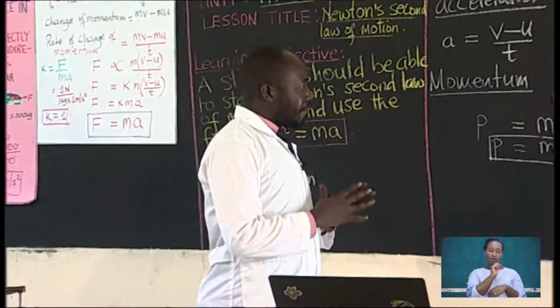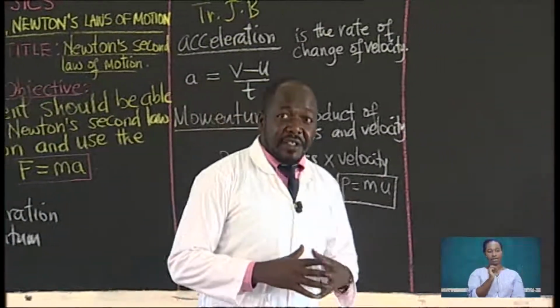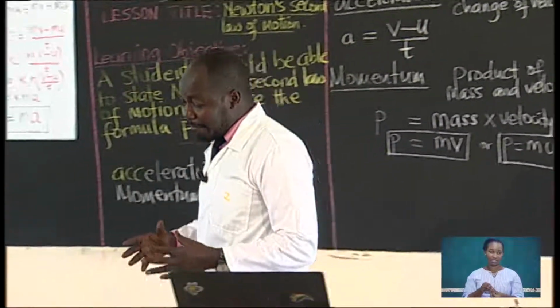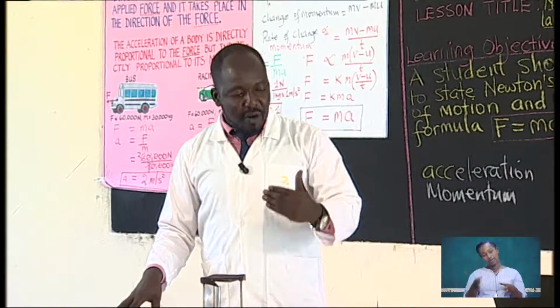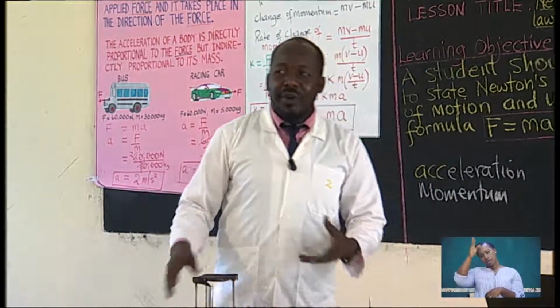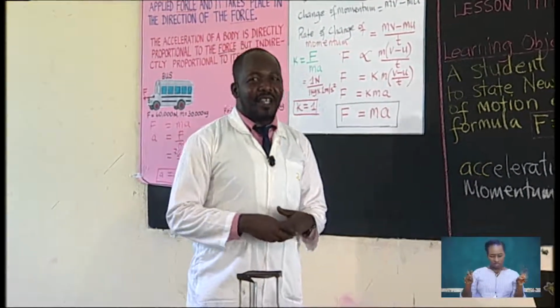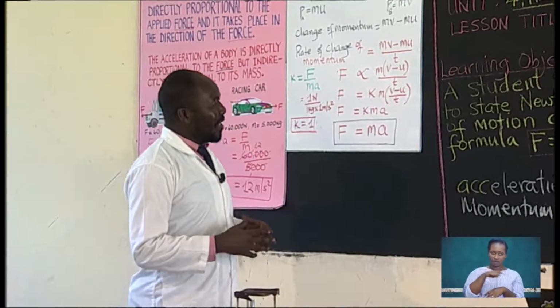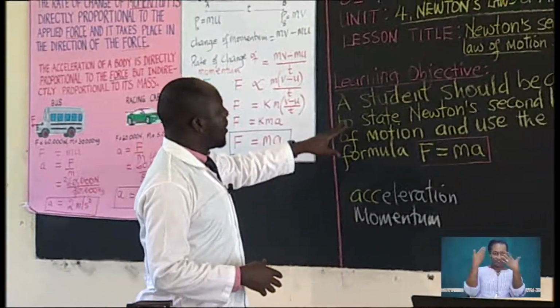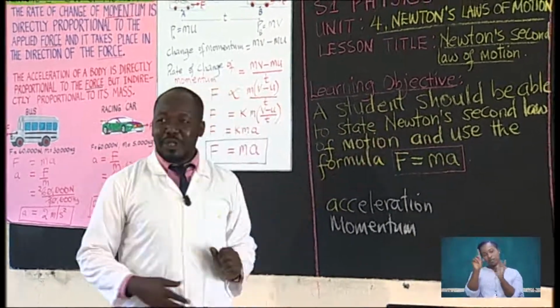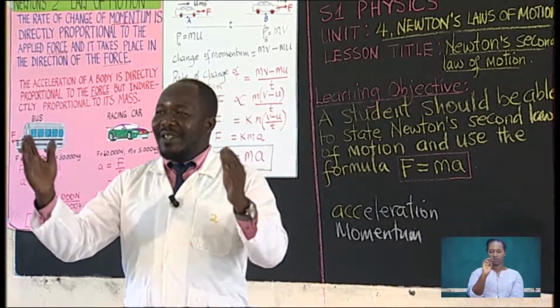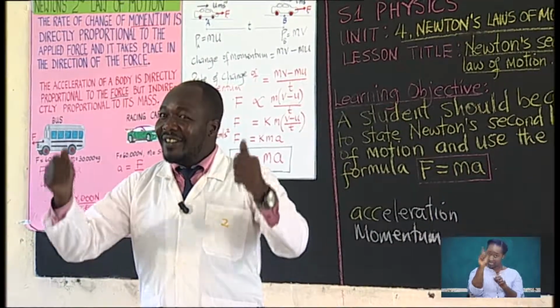Very good. So as we summarize, we should remember the main concepts of our lesson today. And also check yourself and see that we have met our learning objective. Our learning objective was you should be able to state Newton's second law of motion. Are you able to state Newton's second law of motion?